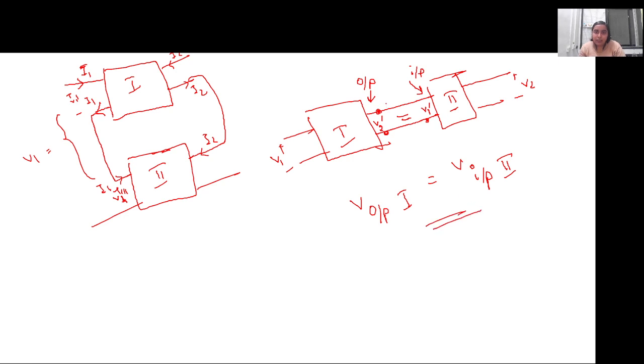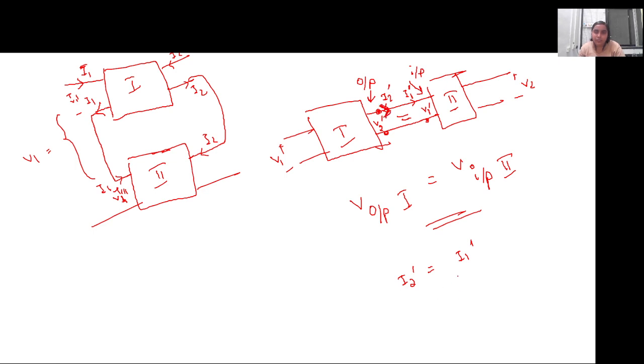Then if current I2 dash is flowing in the first circuit and I1 dash is flowing in the second circuit, then I2 dash is equal to I1 dash. It will be like the negative of it. In case of ABCD parameters, that is why we take I2 dash in this direction.